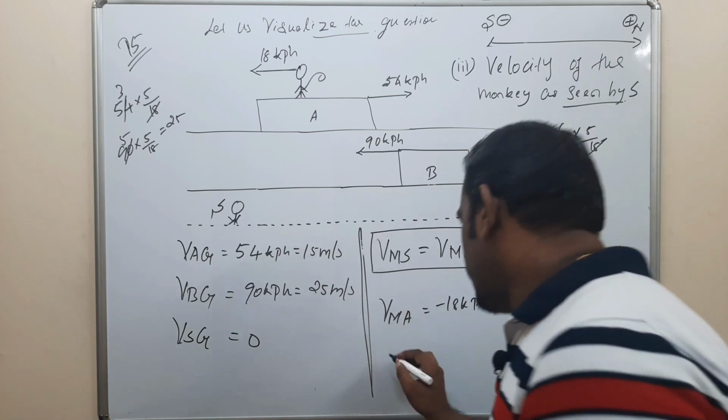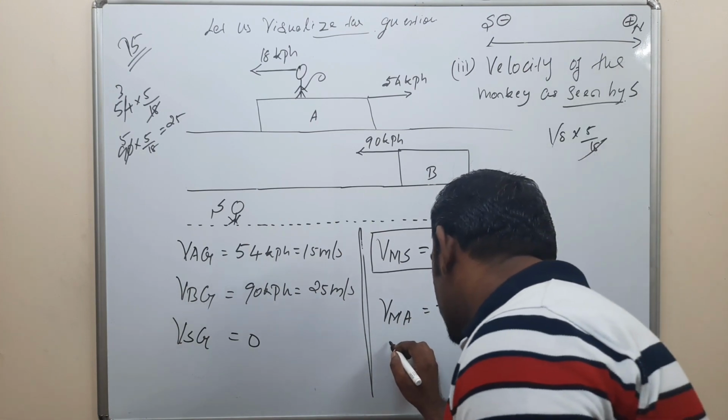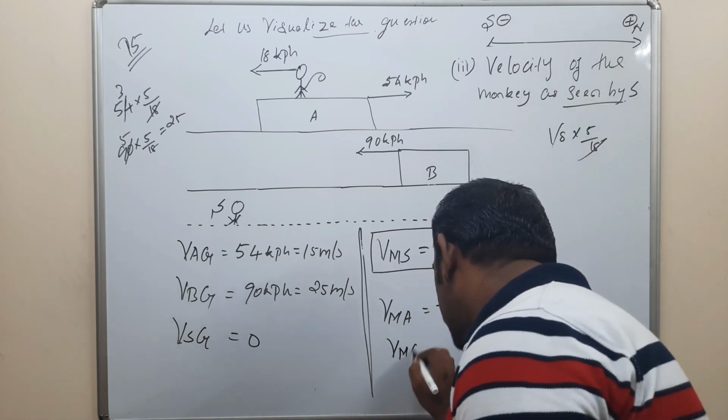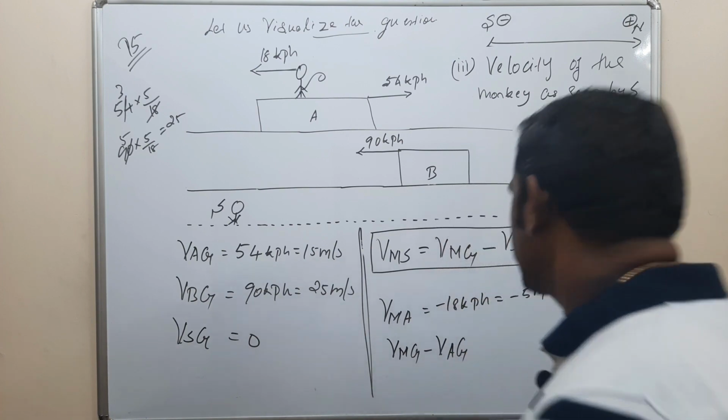Now VMA, how can we write it? Velocity of the monkey with respect to A is velocity of the monkey with respect to ground minus velocity of A with respect to ground.